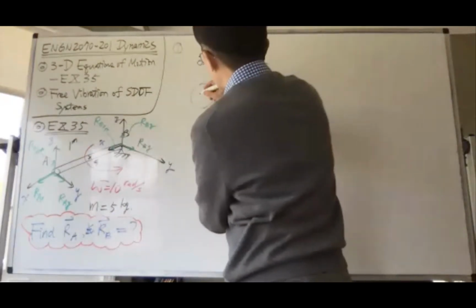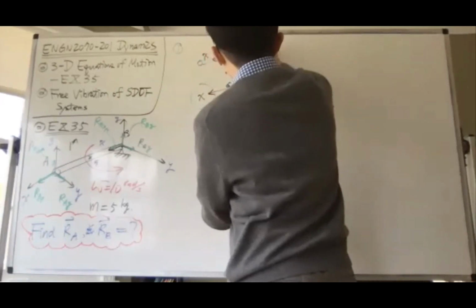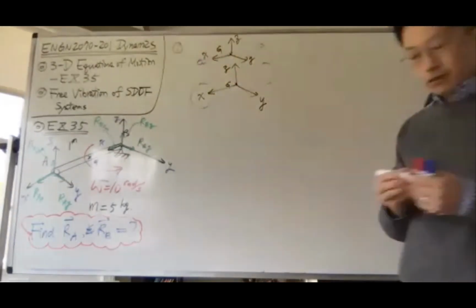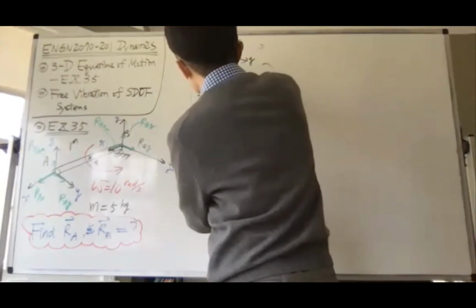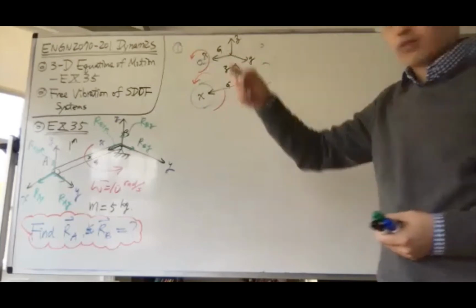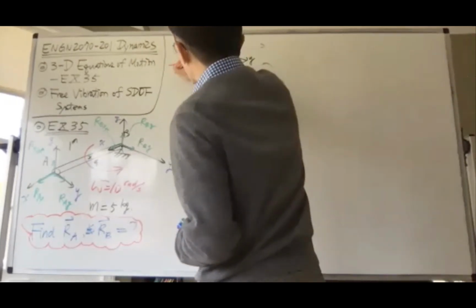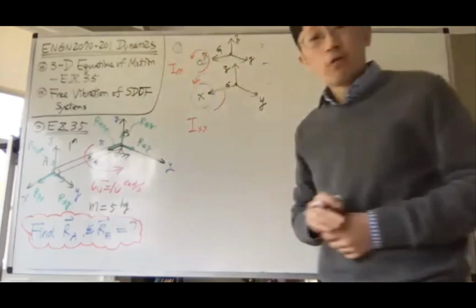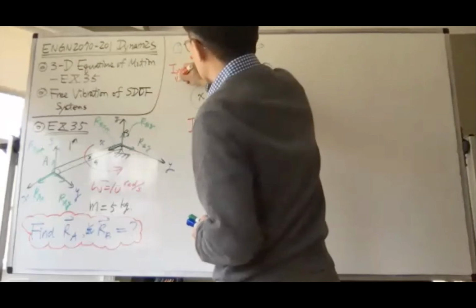So if we call this one x, this one y, this one z, the only difference is the mass moment of inertia with respect to the x-axis. That's the mass moment of inertia, which here we call Ixx. This is also Ixx. Before, when we considered the small bar, we said this Ixx is just 0.